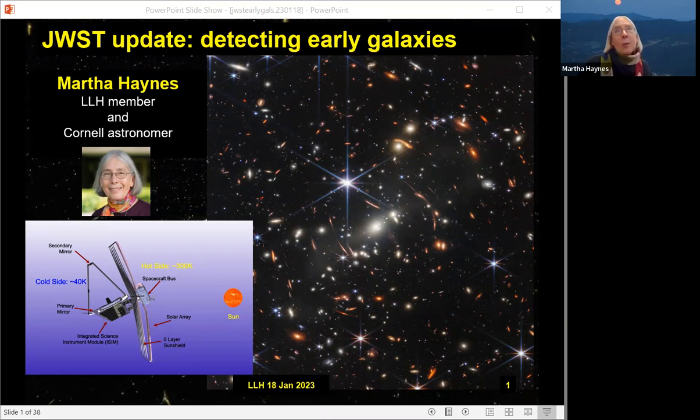And then there's also competition between how much time you're going to spend on distant galaxies and how much time you're going to spend on looking for Earth-like planets. Which one is more important?